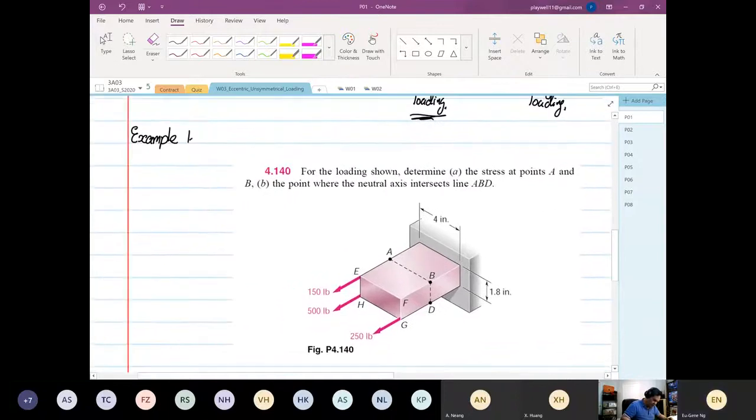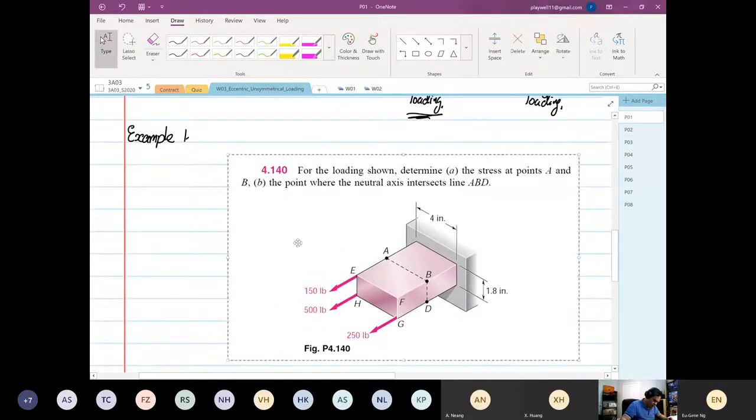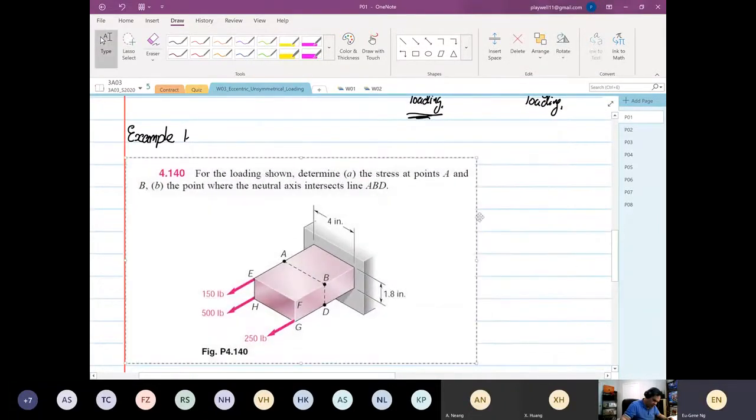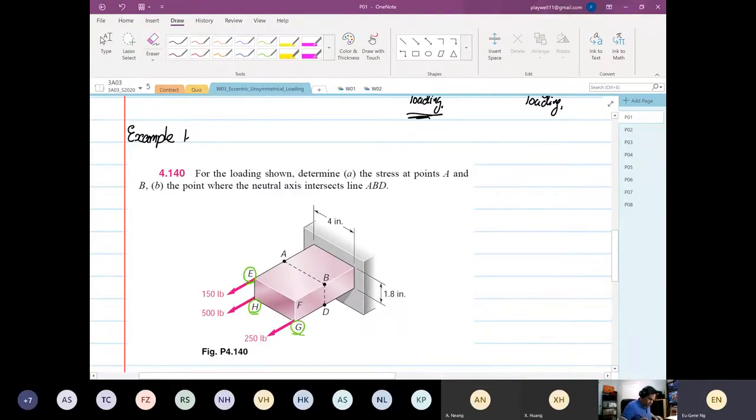The axial load is at point E. You can see we have point E, point H, and point G. We want to find the stresses at point A, and for this question, the stresses at point B.